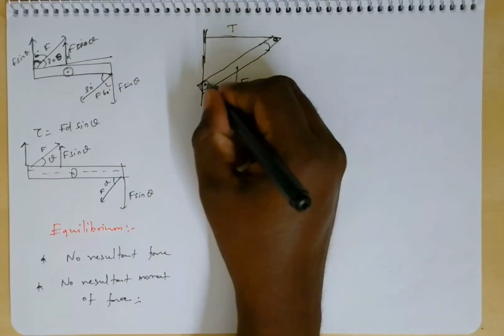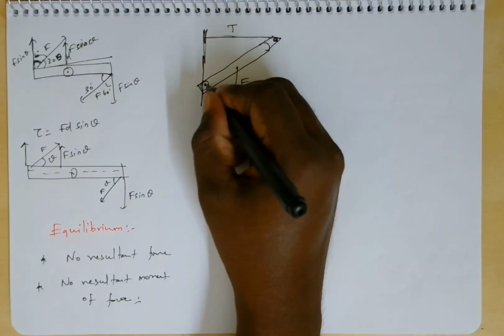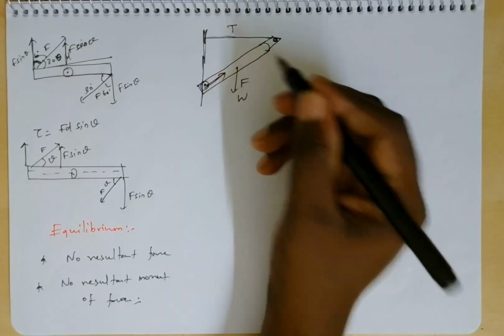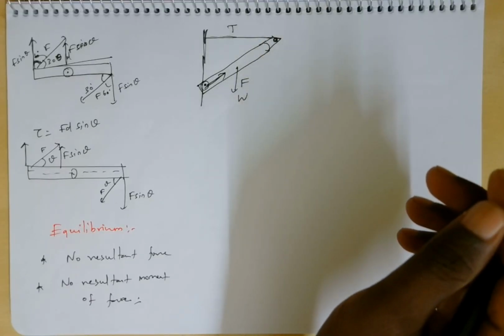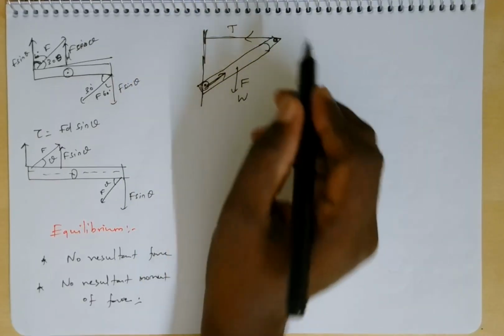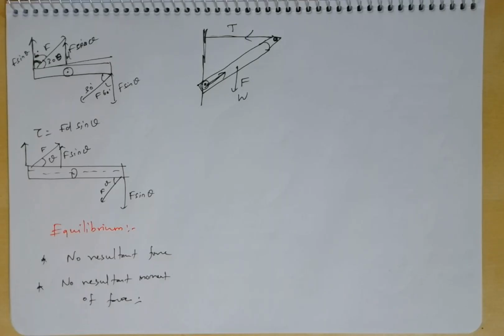The force that is happening in the hinge. So this will balance. Here is how most people make mistakes.